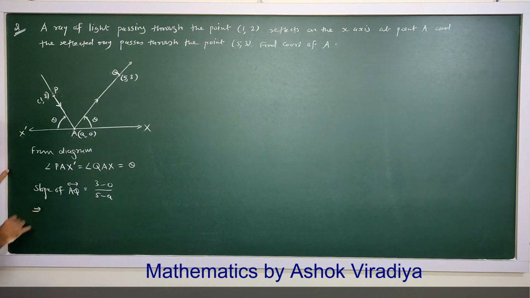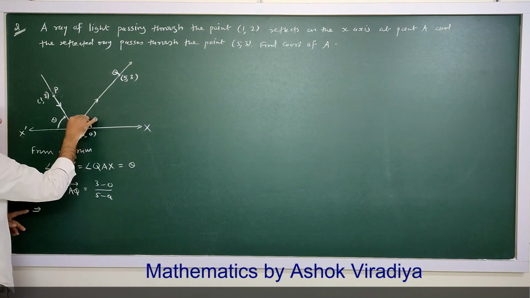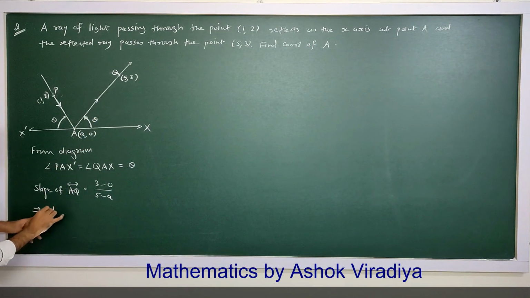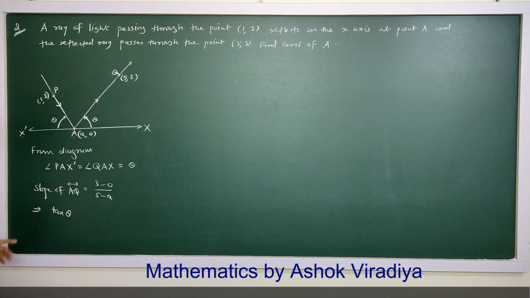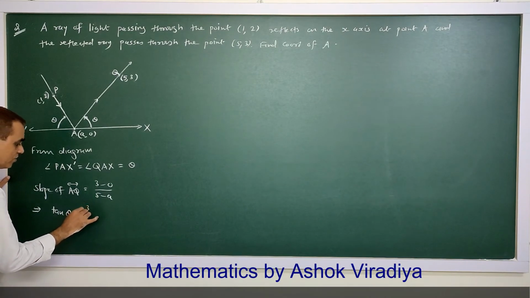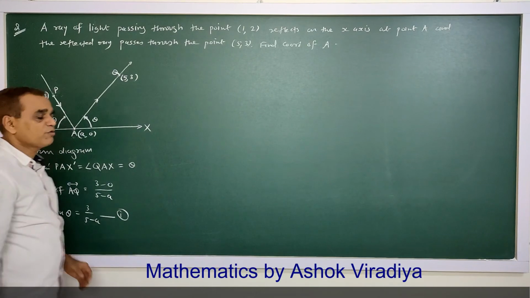That is tan theta, since slope is the tangent of the angle of inclination. So tan theta is equal to 3 upon 5 minus a. Let me say this is equation 1.